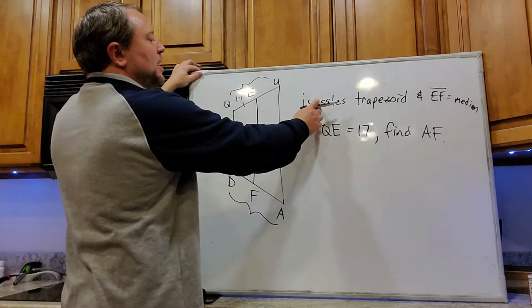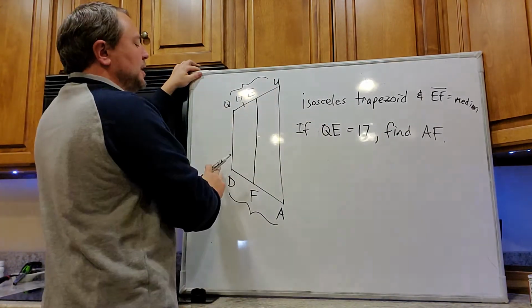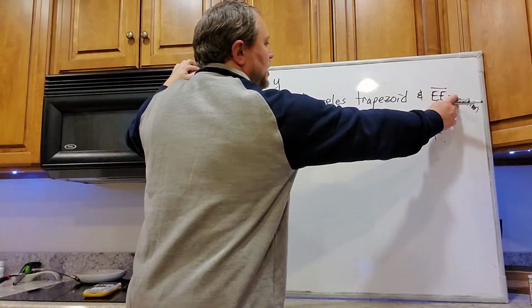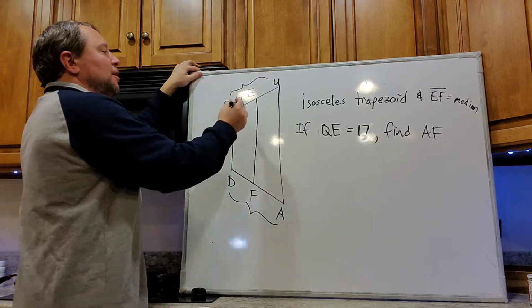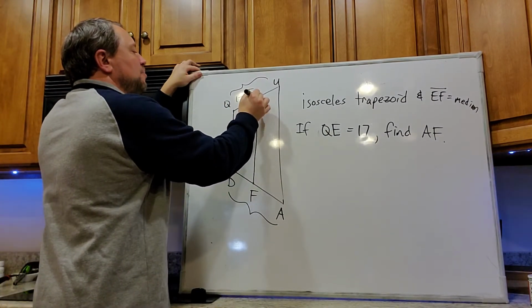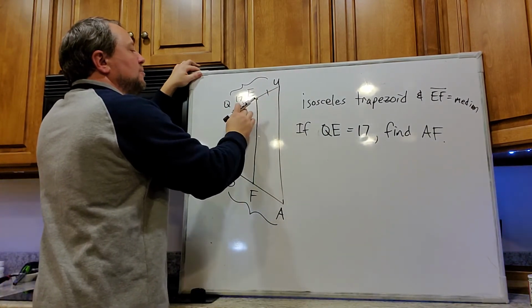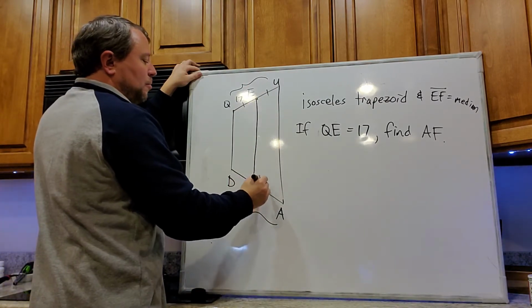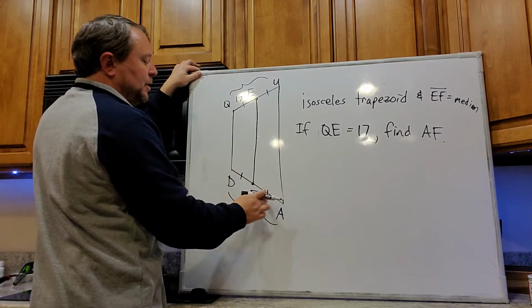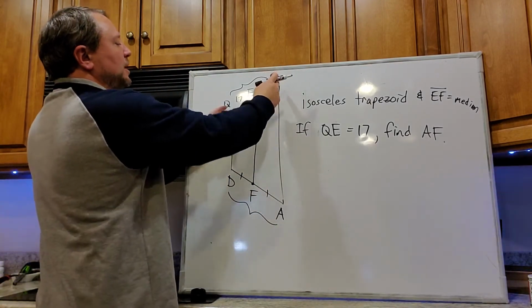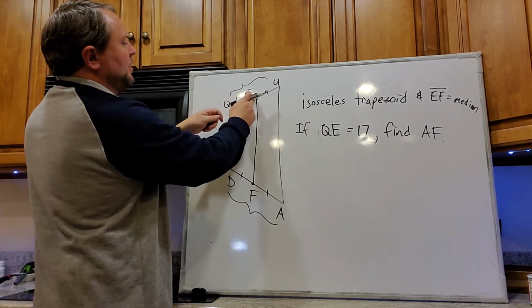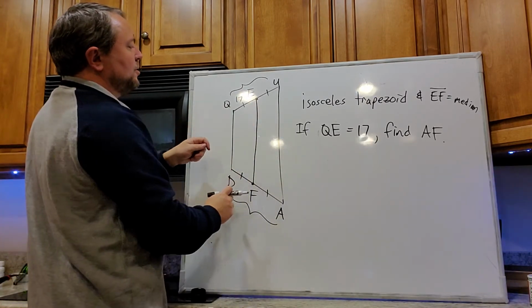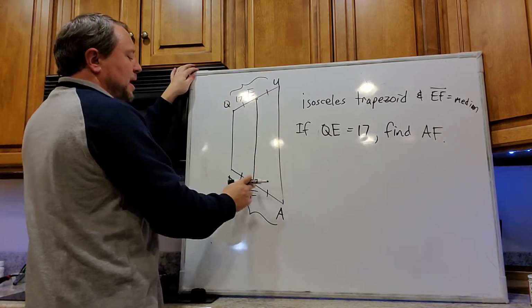Again, remember it's isosceles, which means the overall lengths match. And a median, by definition, connects midpoint to midpoint, so I know those 2 halves match. So if this overall length matches this overall length, and these are right in the middle of each of those, then all 4 of these match.